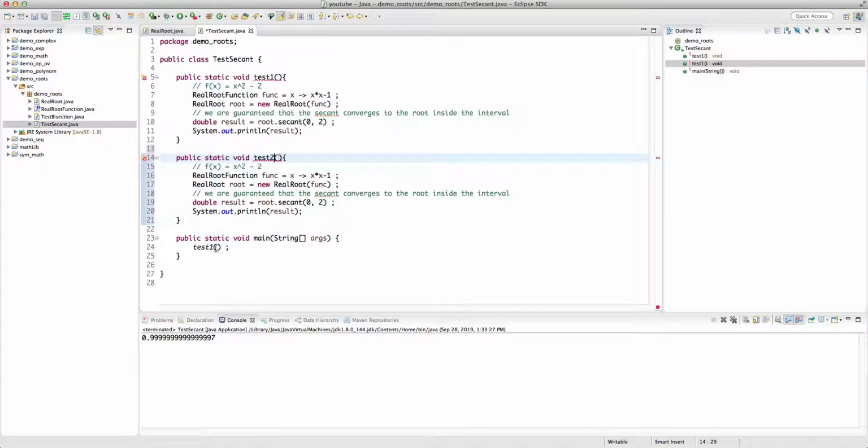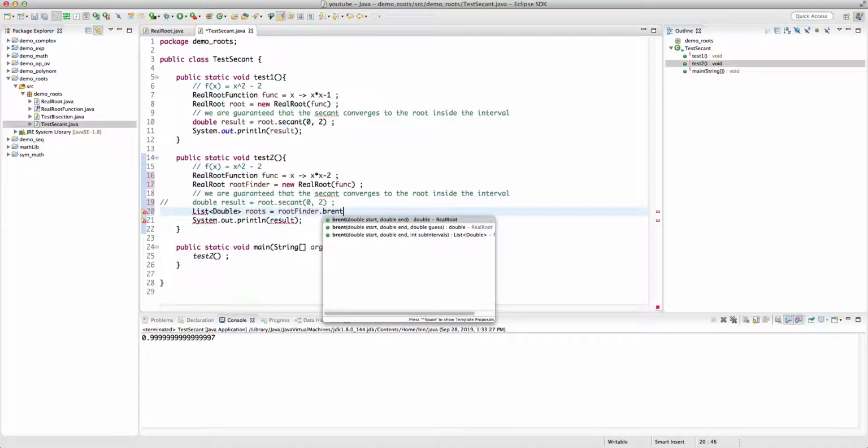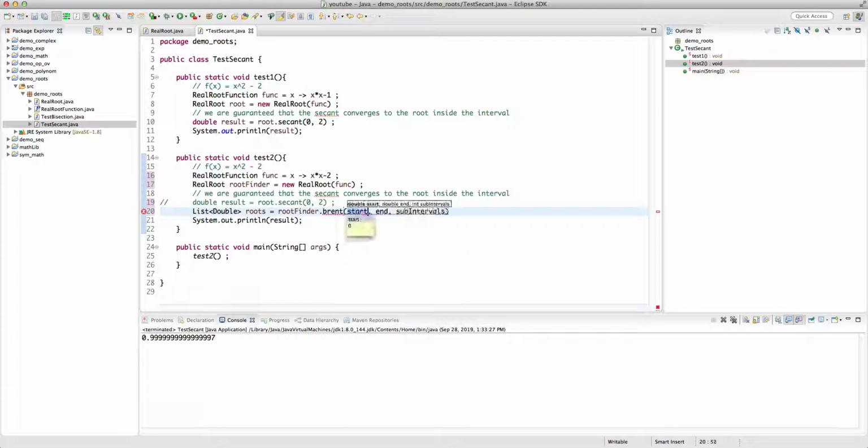Test 2, we're going to run test 2, and let's stay with x squared minus 2. Instead of returning a double, I'm going to return a list of doubles, roots. Let's call this a root finder object, root finder times Brent, which returns the number of roots.